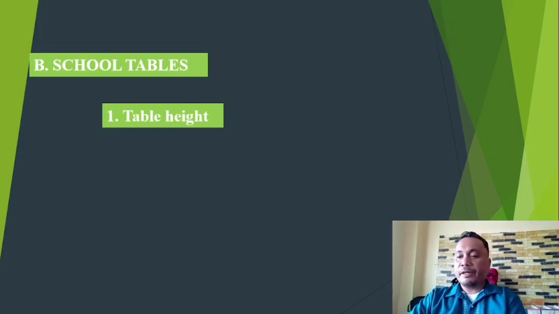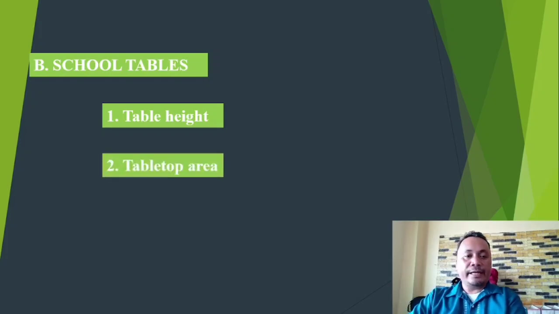And then the body measurements that are considered in determining table height are elbow height, thigh thickness, and eye height.